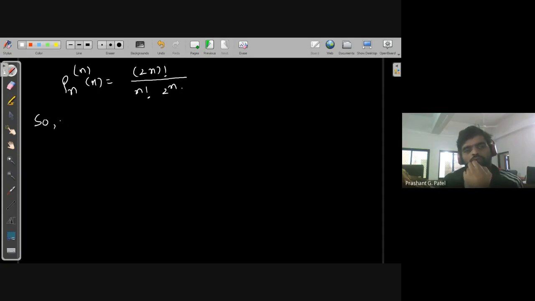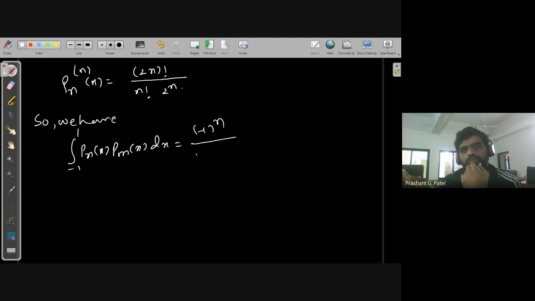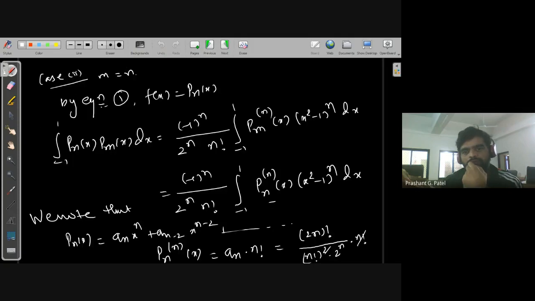And so, if we substitute that value into that integration, we will have (minus 1)^n upon 2^n into n factorial, the integral from minus 1 to 1. We have to substitute that value here: Pn and the derivative of that we substitute there.